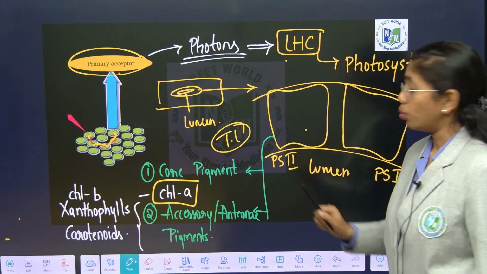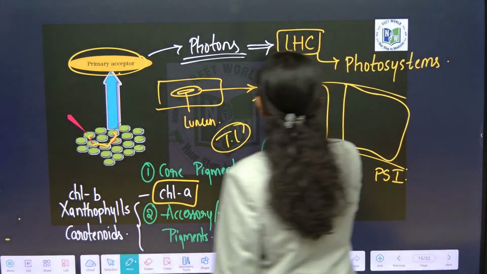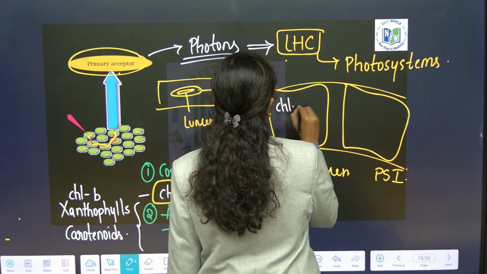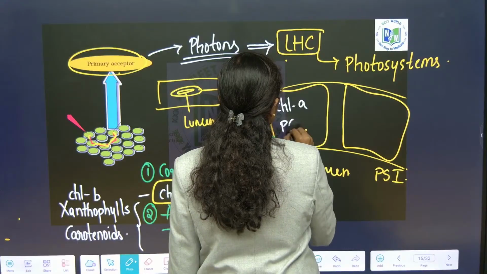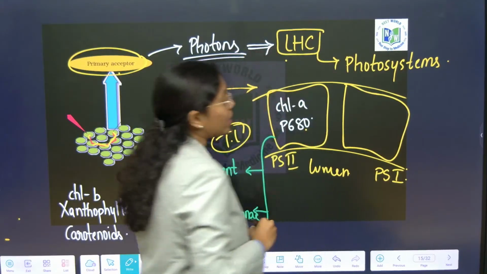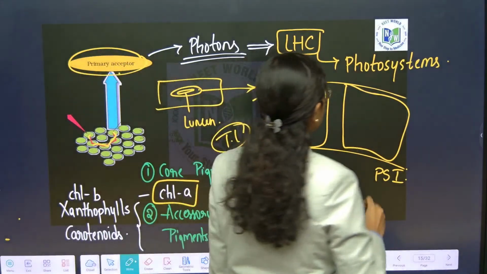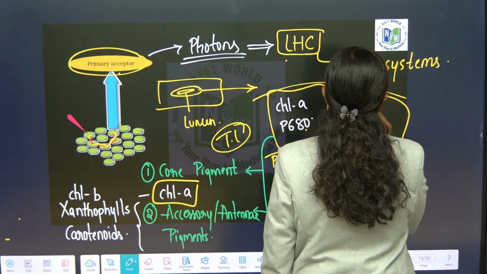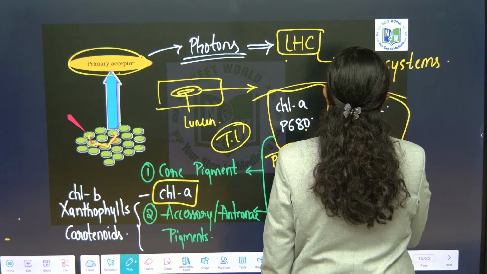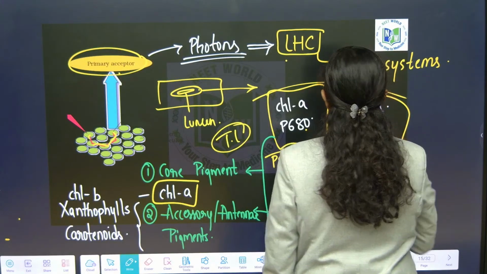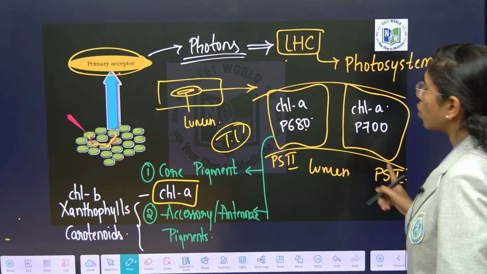In PS2, the maximum wavelength of chlorophyll A is P680. 680 nanometers is the maximum wavelength of the reaction center. In photosystem 1, chlorophyll A has a maximum wavelength of P700.